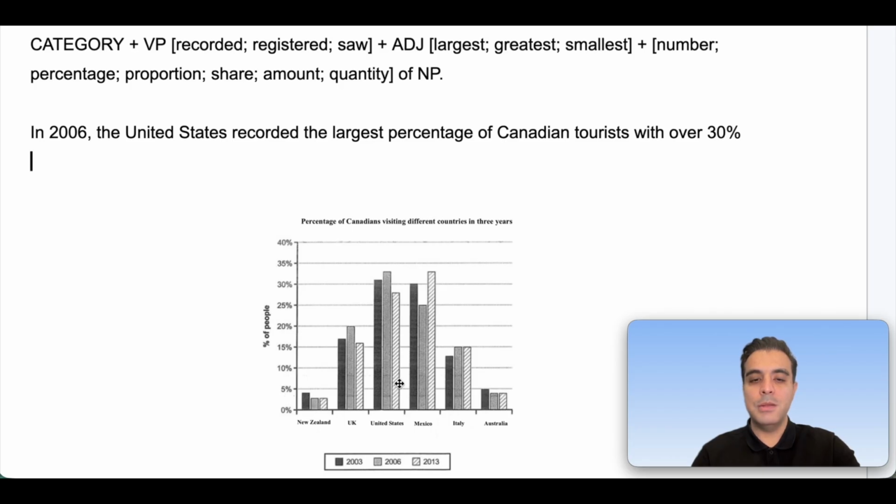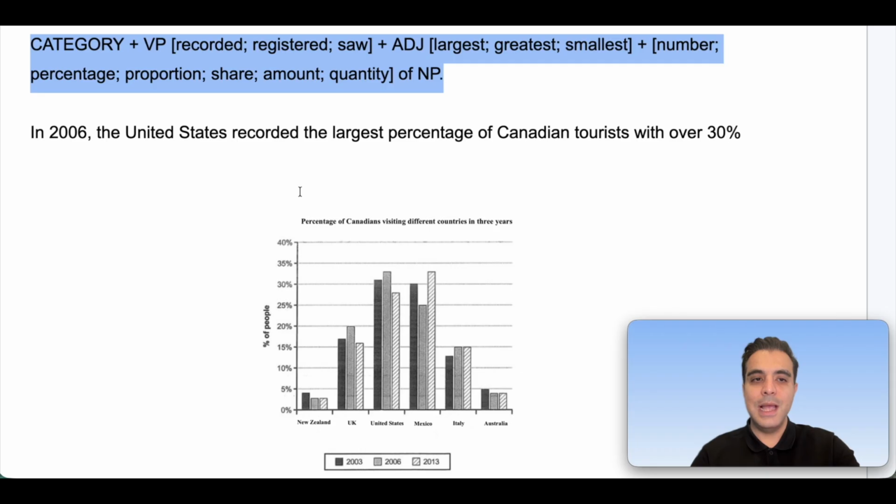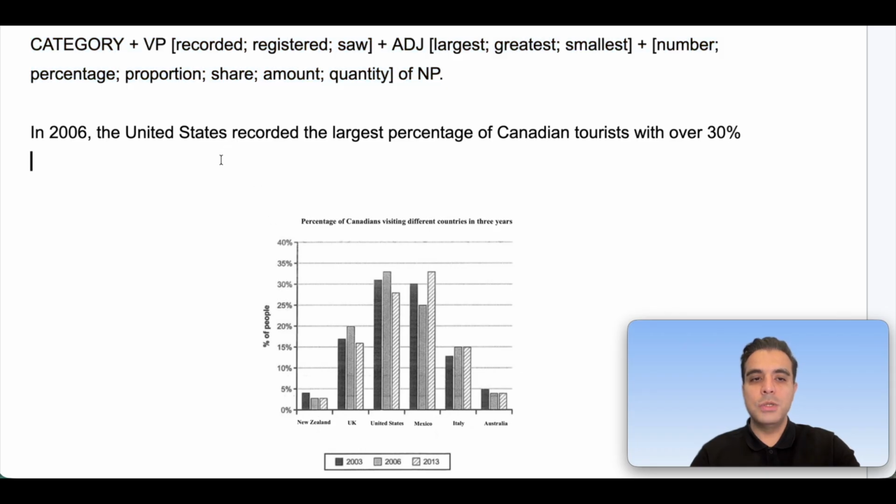If you compare the same color across the categories, that is the countries, you'll see that New Zealand has the smallest number. So once again, let's start with the base structure and then we'll add the adverbs at the end, okay? So one more time, what is the category? This time, it's New Zealand, right? So New Zealand, again, let's go with a verb. We used recorded last time.